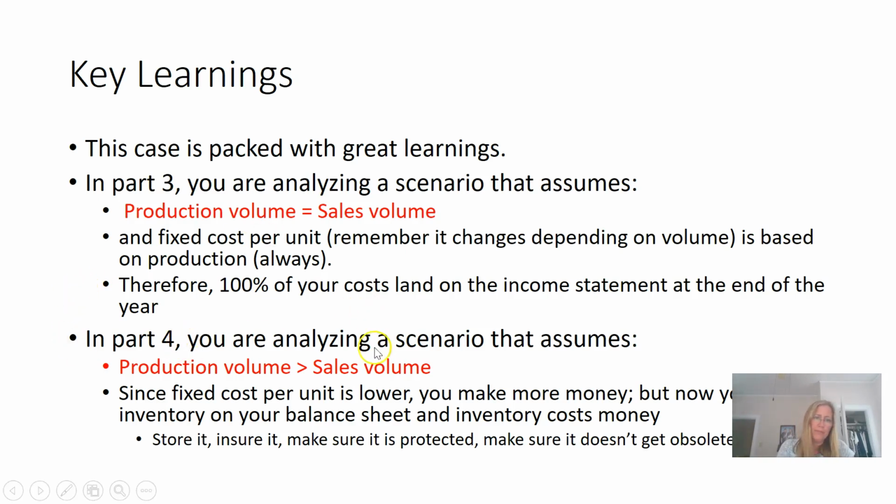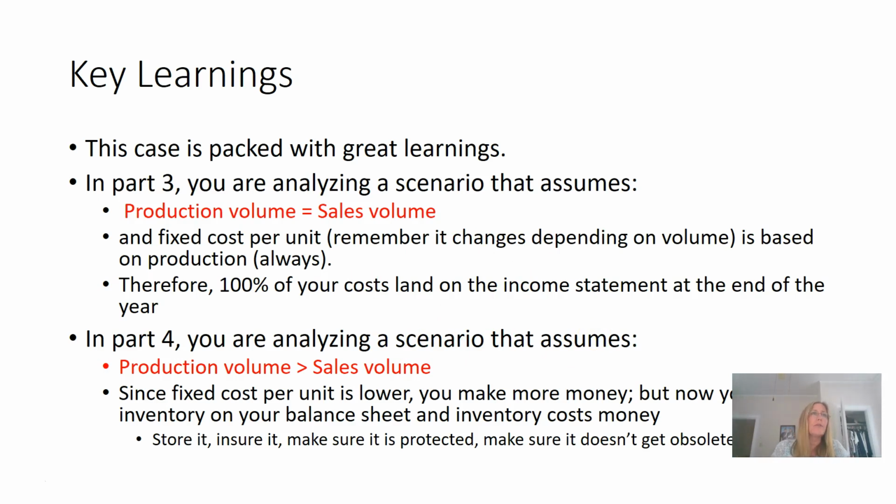In part 4, you go with a little bit more realistic scenario of, you got to be careful here. Production is a little bit greater than sales, so we're building up some inventory. And the benefit of doing it in this case is that you're able to spread the fixed costs out over the production volume.